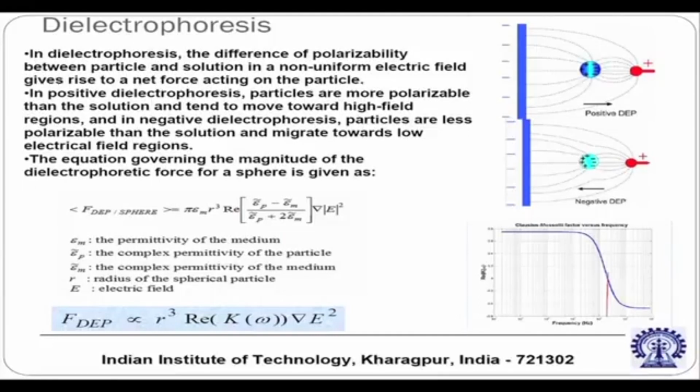In negative dielectrophoresis, particles are less polarizable than the solution and migrate towards low electrical field regions. So, this is the difference between positive and negative dielectrophoresis.